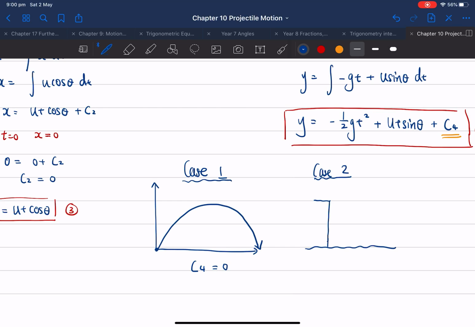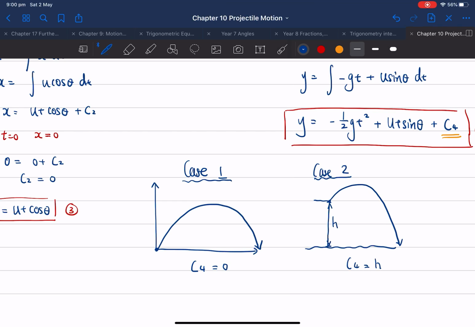So you are standing at this point here, and you're going to throw something into the air. In that case, c4 becomes the height, depending on the question. So these are the two cases of projectile motion questions.